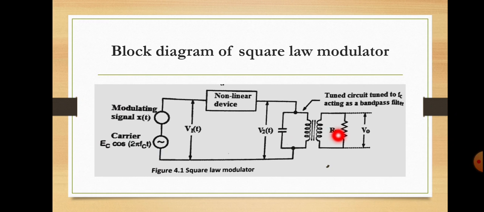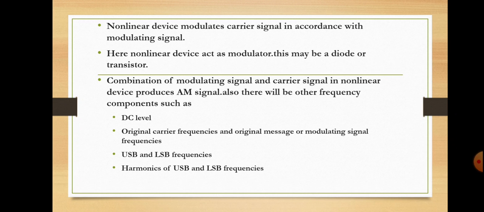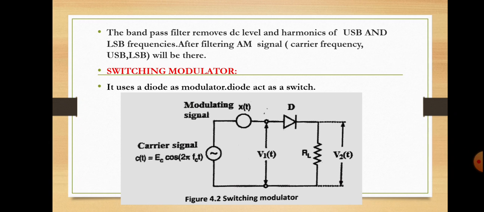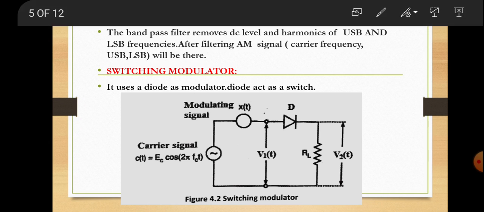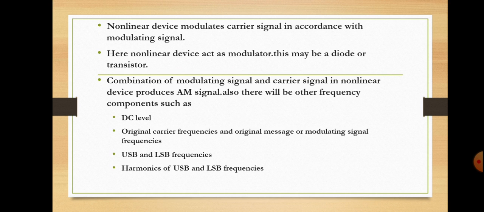Other frequencies will be rejected, that means they will not go to the output. So the band pass filter removes the DC level and the harmonics of USB and LSB frequencies, and after filtering, the AM signal, that means the carrier frequency and the USB and LSB, will be there. So we will get the amplitude modulated signal at the output.